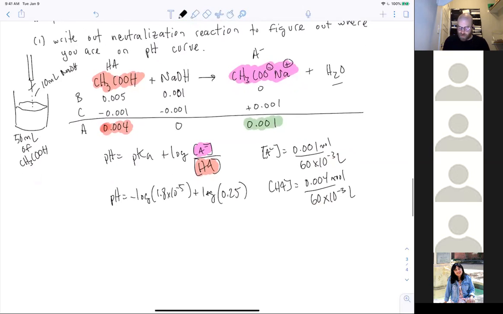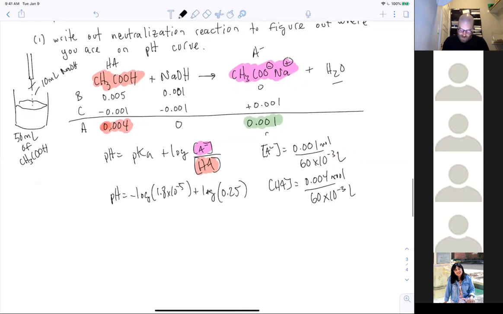So you can see why it doesn't matter whether I convert back to concentration or not. And so ultimately, we come out with a pH that's equal to 4.14.